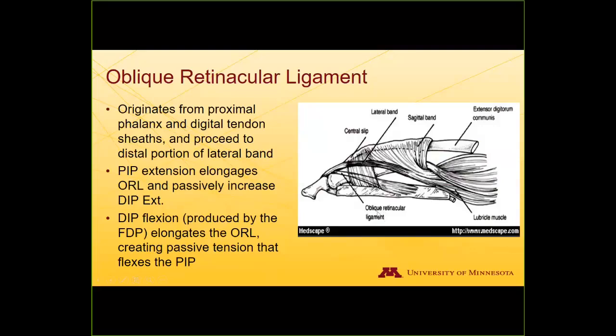It's a very critical ligament because it can become tight and a big problem in certain conditions like a boutonniere deformity, which we won't get into at this point, but you'll learn more about it. But it contributes to the extensor mechanism. It's a passive assist to extending the DIP joint when the PIP joint is extended, and a passive assist to flexing the DIP joint when the PIP joint is flexed.